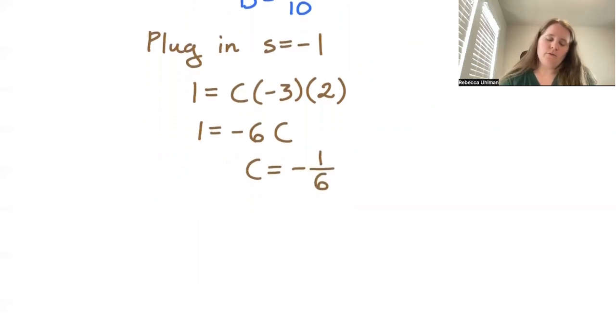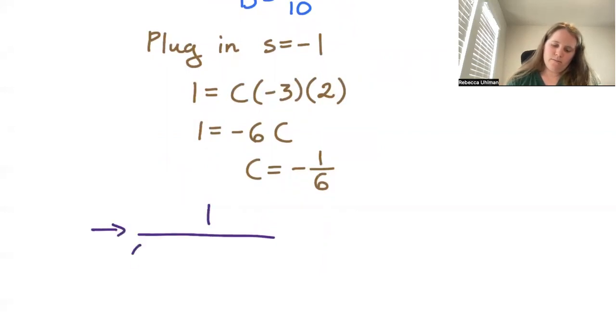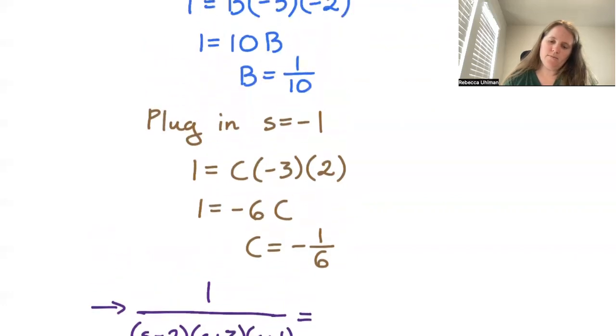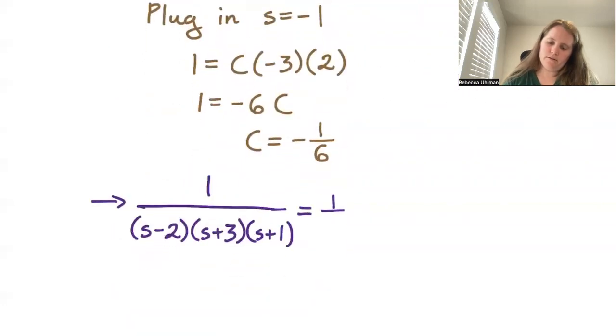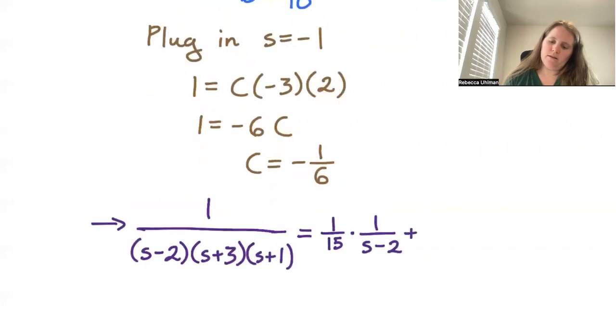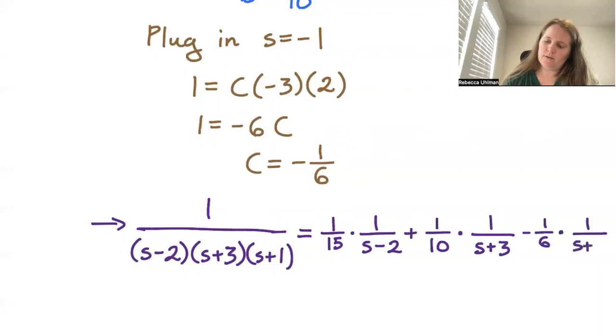So what we have figured out so far is that 1 over (s minus 2)(s plus 3)(s plus 1) is equal to 1/15 times 1 over (s minus 2), plus 1/10 times 1 over (s plus 3), minus 1/6 times 1 over (s plus 1).